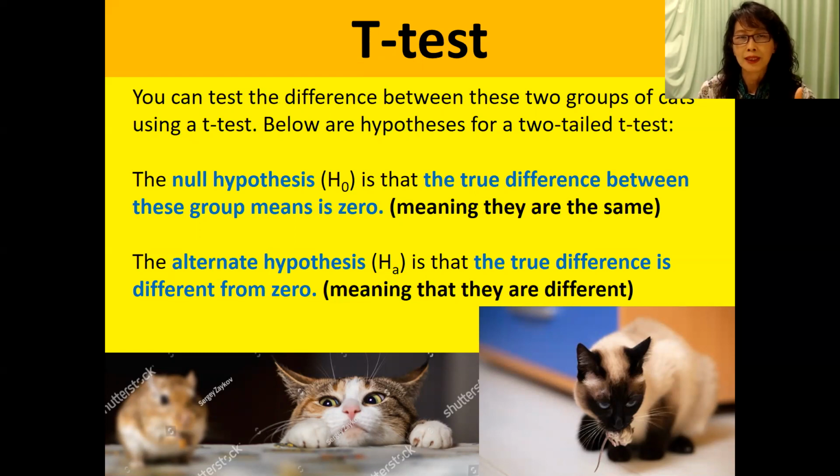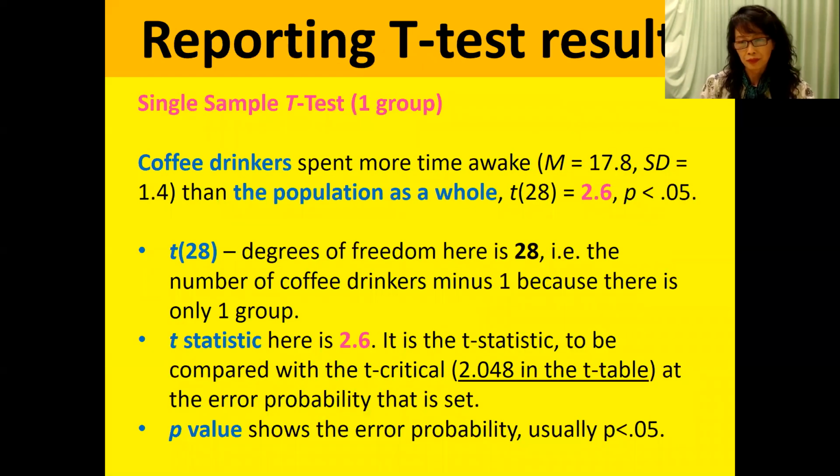So the null hypothesis will always go for no difference, and the alternate hypothesis will go for a difference. And this is for a two-tailed t-test. For a one-tailed t-test, one of it will say A is bigger than B, and the other one will say B is bigger than A. So let me show you this.